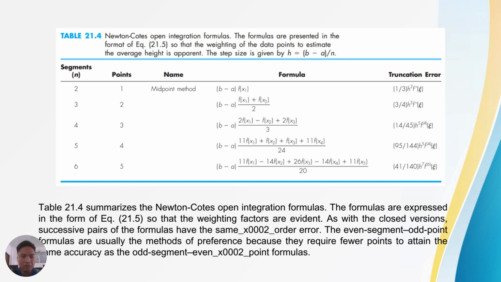We can use the formula b minus a times the function of x sub 1. The truncation error is 1/3 times h to the power of 3 times the second derivative of the function at xi. So that is the formula, then so on and so forth, depending on how many points are given.